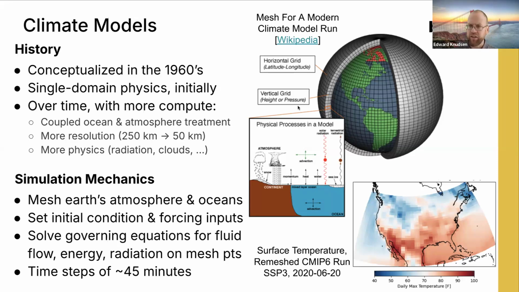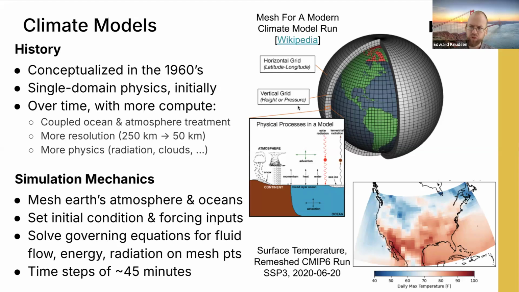And we set an initial condition, so we have to, from observations or from some random perturbation, create an initial version of every mesh cell's temperature, pressure, et cetera. And then we apply some forcing conditions. And in climate modeling, solar radiation is one of the biggest forcing conditions. And that's affected by the gases in the atmosphere, of course. And then the governing equations for fluid flow, heat transfer, radiation are solved on all of these mesh points.